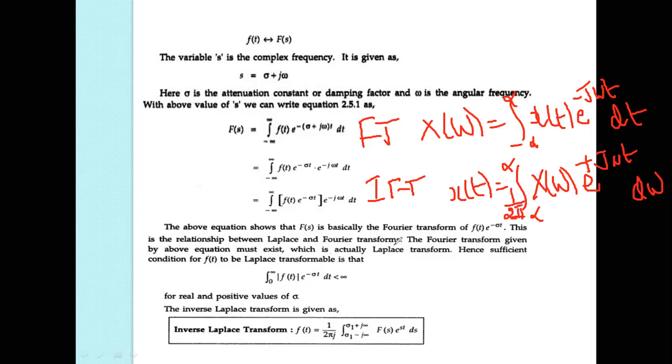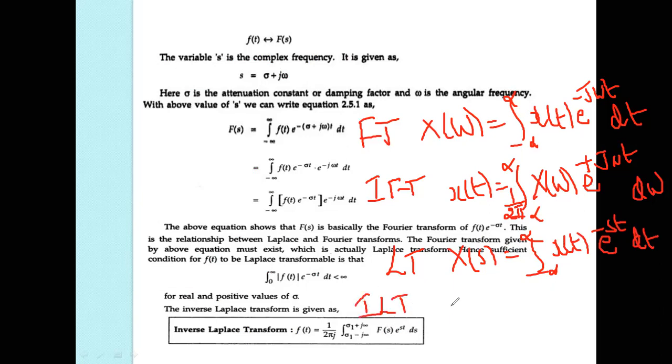Now the Laplace transformation definition says X of s is equal to the integral from minus infinity to infinity of x of t e power minus st dt. What is the inverse? Here x of t becomes the output.